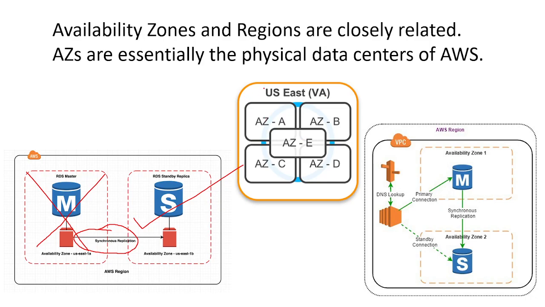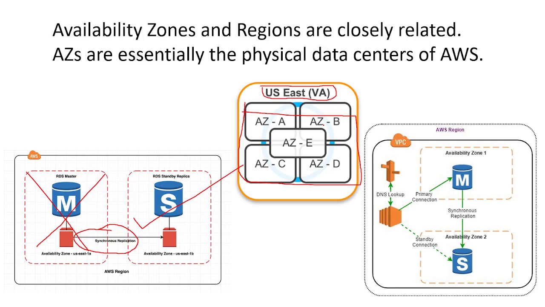This is the region over here, and these are the 5 AZs that are located in a particular region. They can be located in different cities, connected using high fiber optic connections, in the same region.